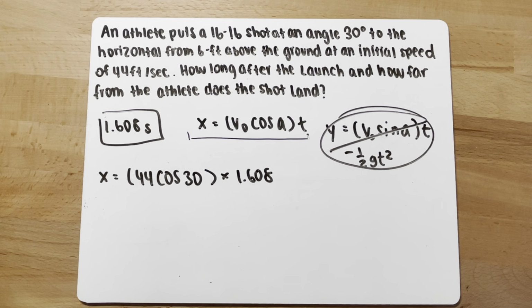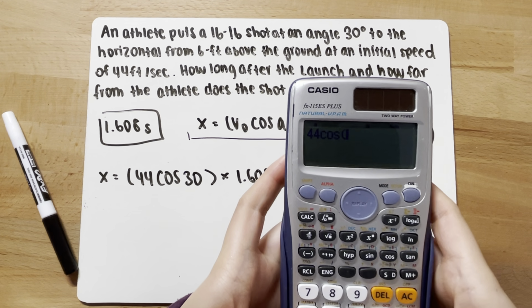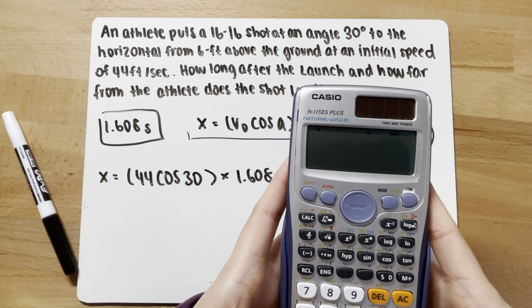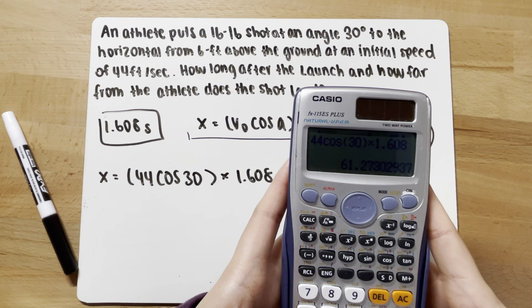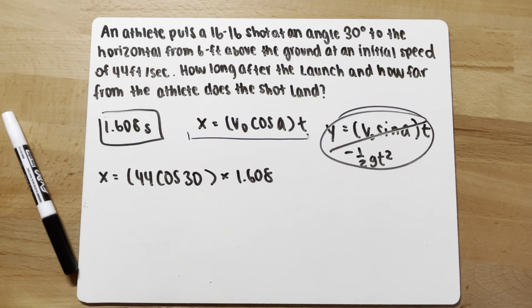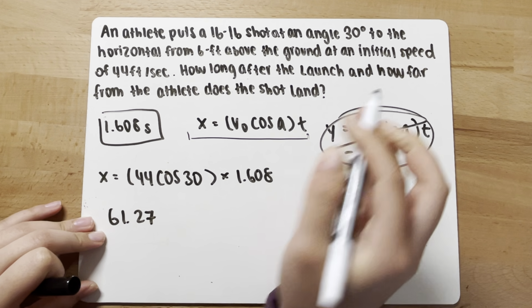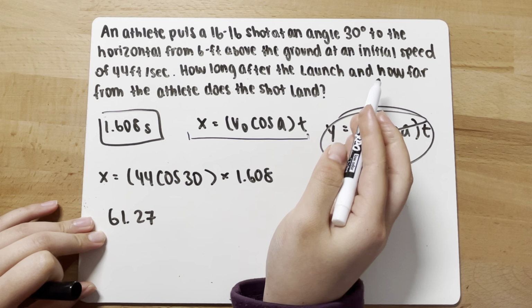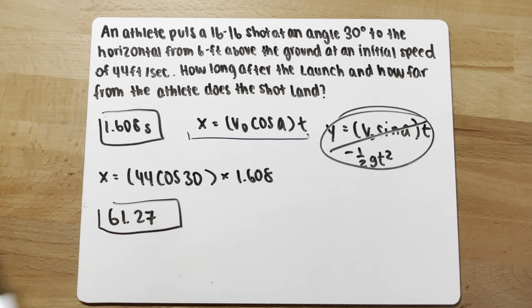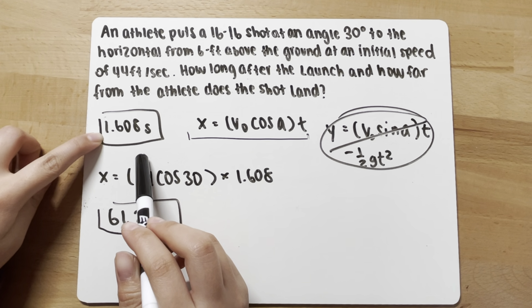Okay, plug that into a calculator. 44 cosine 30 times 1.608, you get 61.27. So this would be how far from the athlete the shot landed. And this is how long after the launch the shot landed.